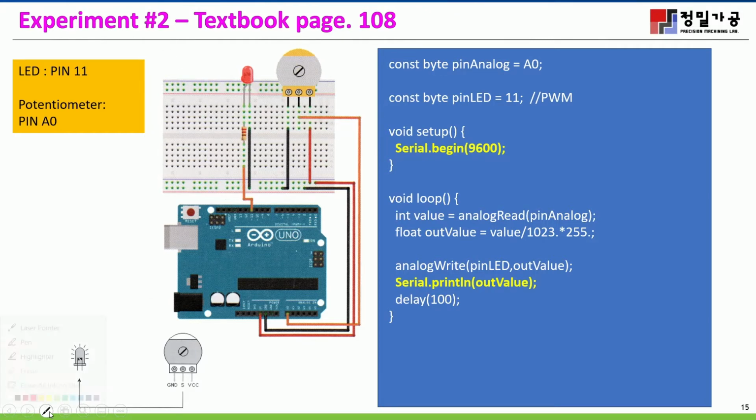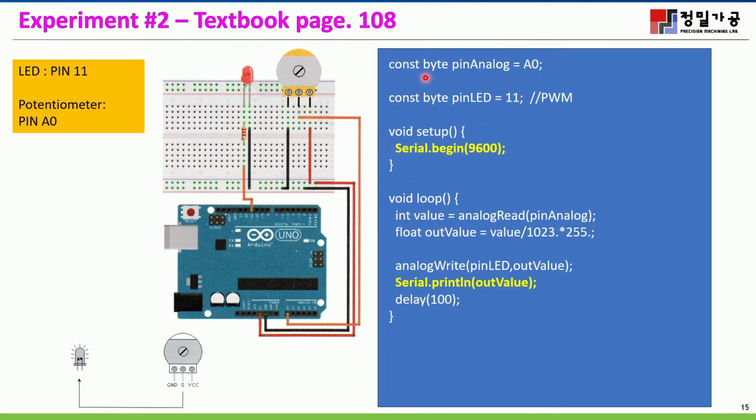So the next experiment, still in experiment 2, but this time we are going to add the potentiometer here for channel A0. The schematic diagram is similar to the textbook, page 108. So the code, I think I changed a little bit to check the value of the variable. We check serial begin.